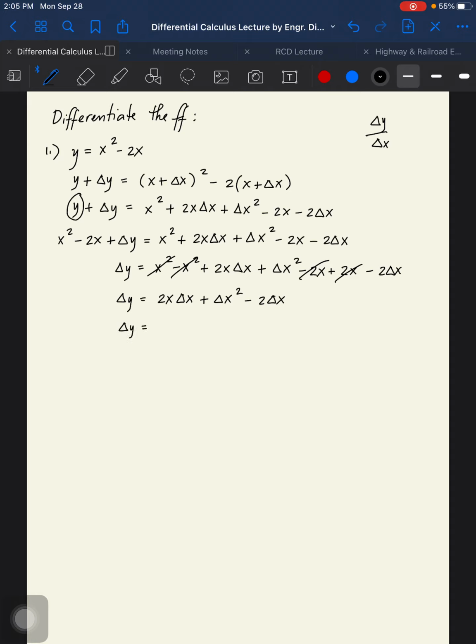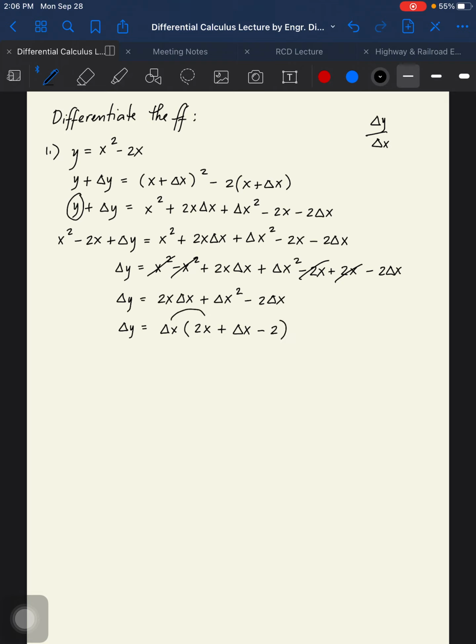So we have now your delta y, and then we can get your delta x from the right side of the equation. Now all of the terms here on the right side have delta x. So we just have to put delta x outside the parentheses. So we have delta x times 2x plus another delta x minus 2.